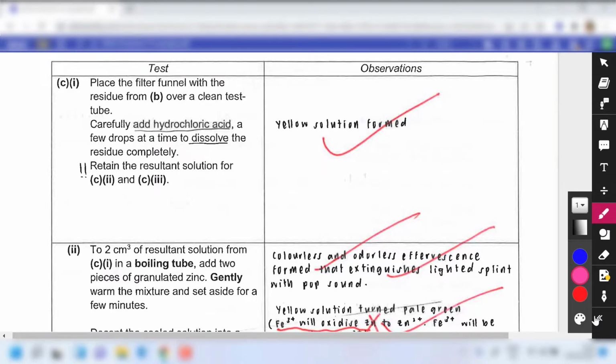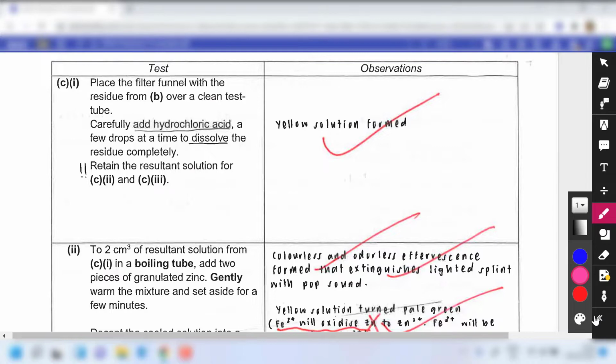So in that case, when you add hydrochloric acid, you expect the solution to be yellow in color, or even towards the darker yellow, or even brown, but it's more of yellow in color. So this is very clear cut. You need to write it down very clearly. What is the color of the solution which you observe? Many students actually didn't write it down.